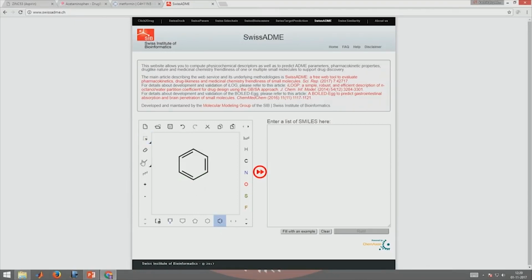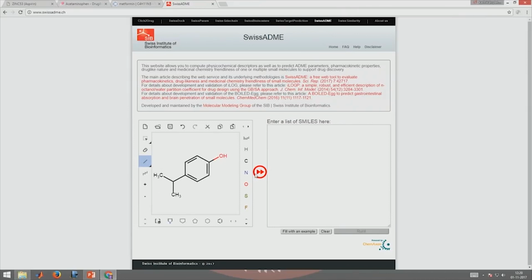So, I put in a benzene ring, then I put in this one, then another one, then some oxygen here, and then I put a tertiary group here, then an OH here, okay. So, this is a structure I have drawn.